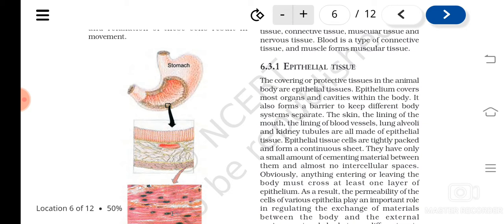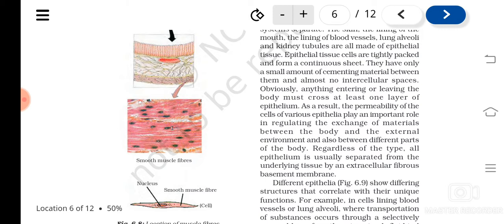In between them there is very little intercellular space and cementing material. Anything that is entering or leaving the body should cross at least one layer of epithelium. Understood?